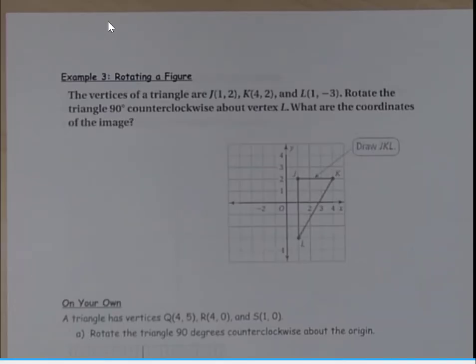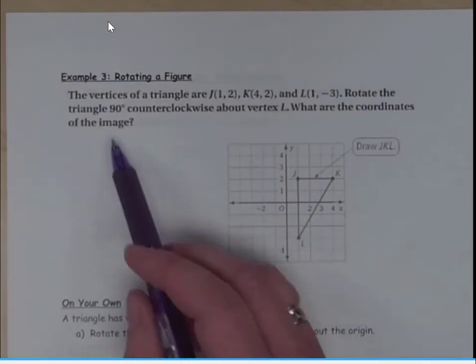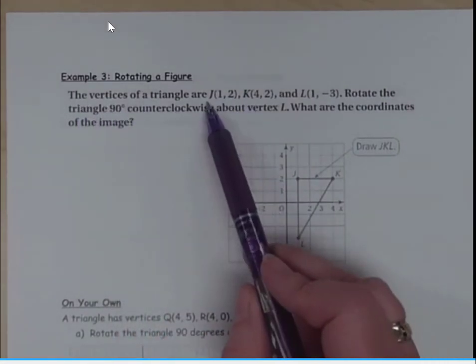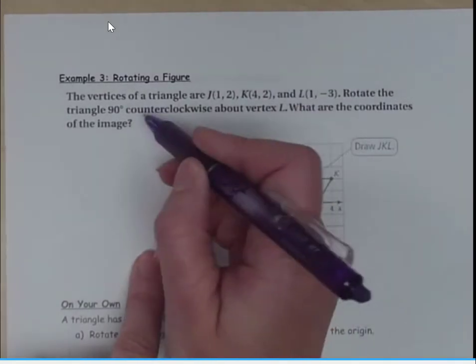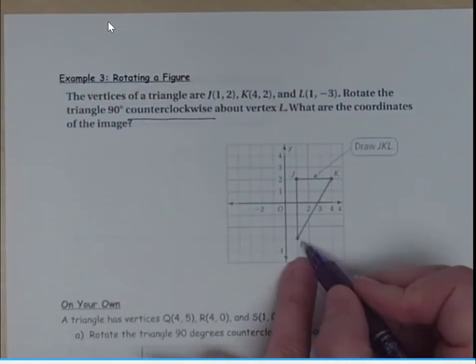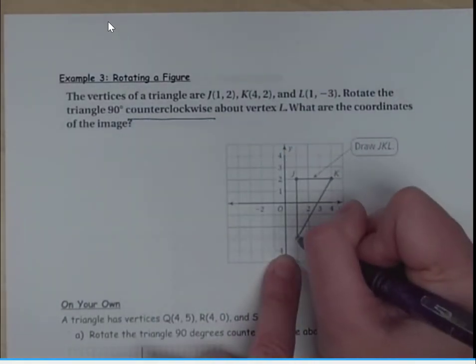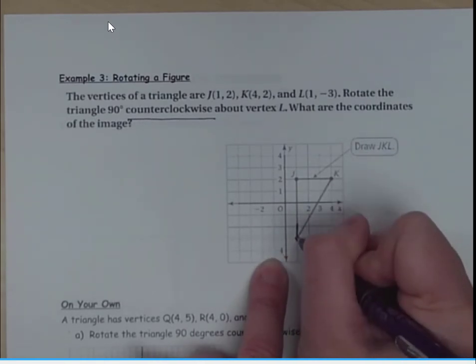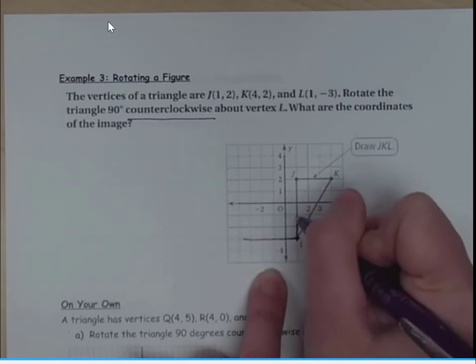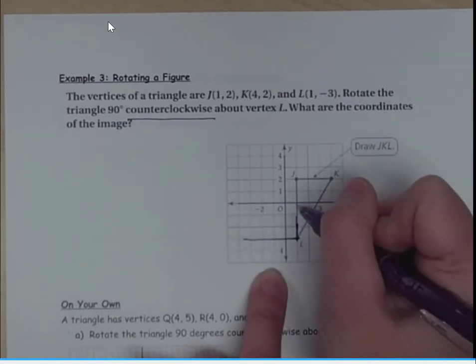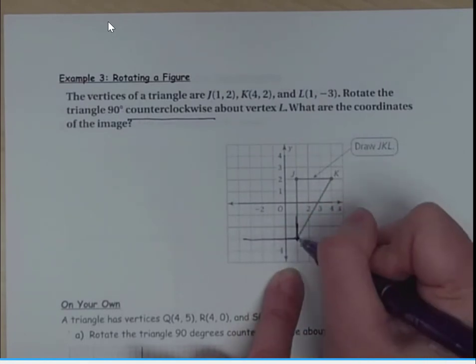Now here we're going to rotate along a vertex. The vertices of triangle JKL rotate 90 degrees counterclockwise about the vertex L. So here is my L, and I want a right angle here. And now remember, we're going counterclockwise.